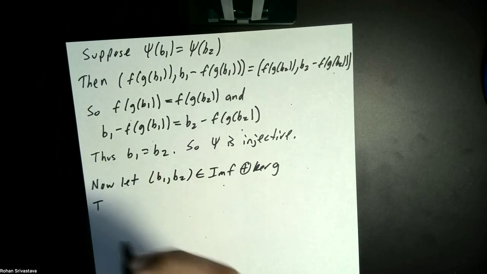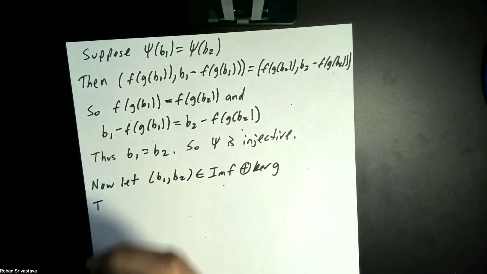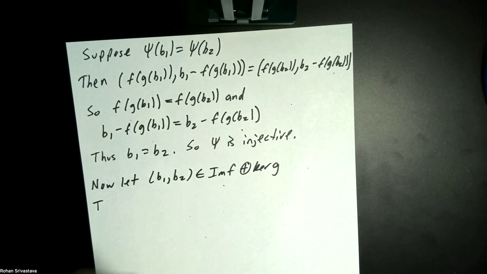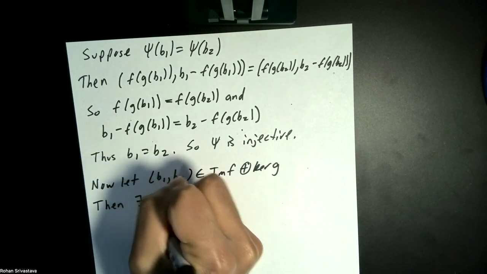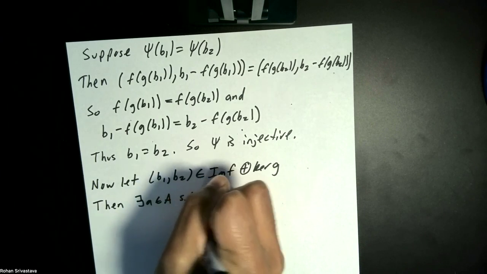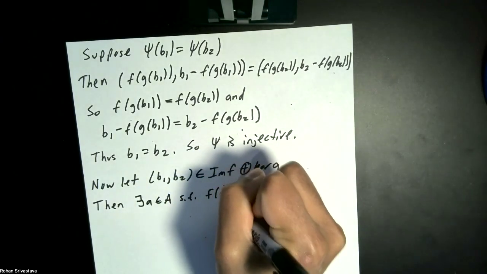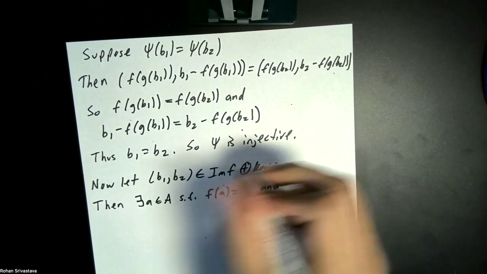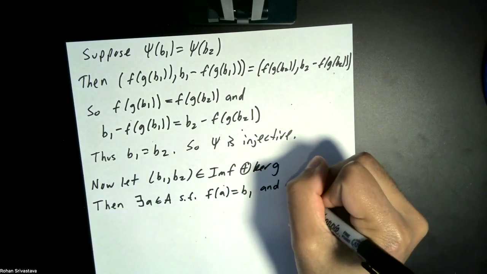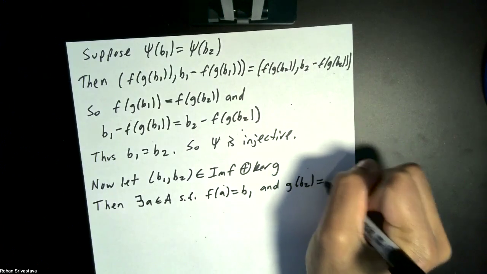What does it mean for B1 to be in the image of f? Then there exists some a in A such that f of a is equal to B1. And what does it mean for B2 to be in the kernel of g? It means that g of B2 is equal to 0.